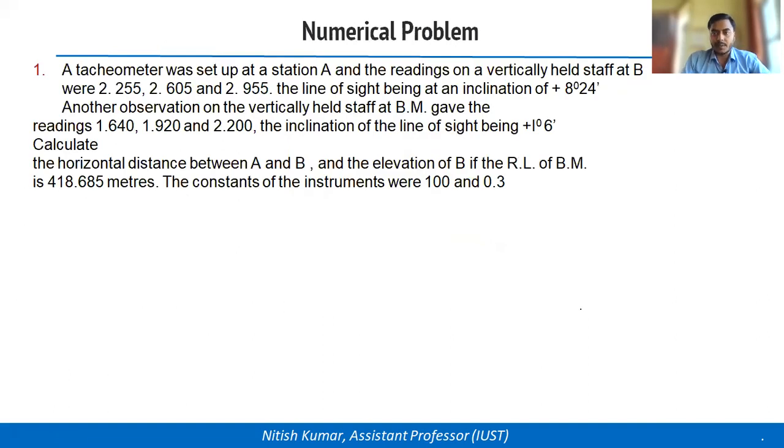Let's discuss some numerical problems. A tacheometer was set up at a station A and the readings on the vertically held staff at B were 2.255, 2.605, 2.955.